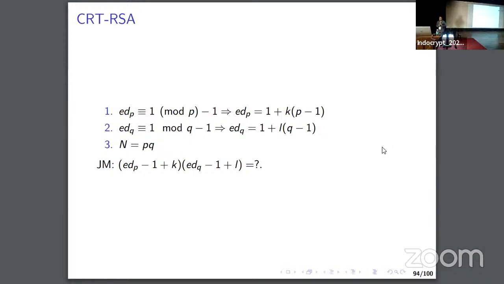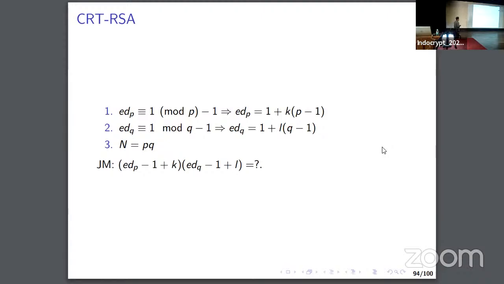So in RSA, we have two equations. Here we have three equations. Now, Jochemsz and May considered this expression: (e dp minus 1 plus k) times (e dq minus 1 plus l). So what should be this value from these two equations? Can you guess? Sorry? klN, right?